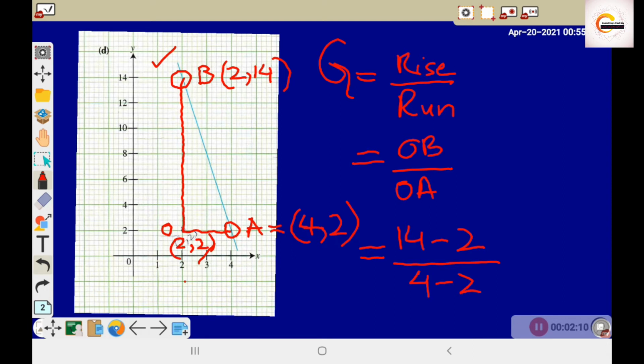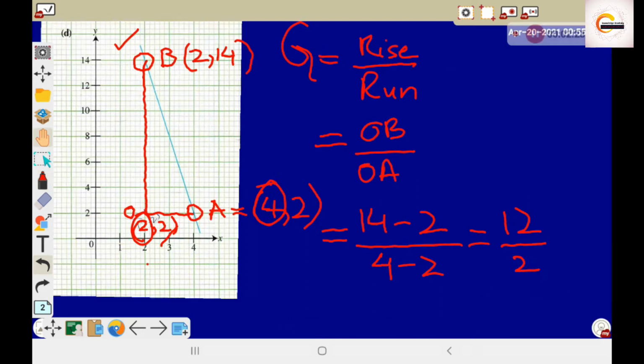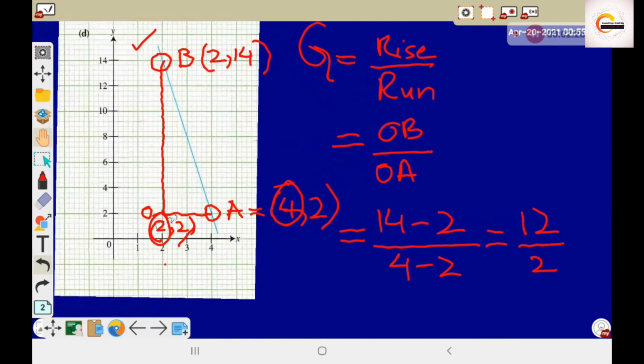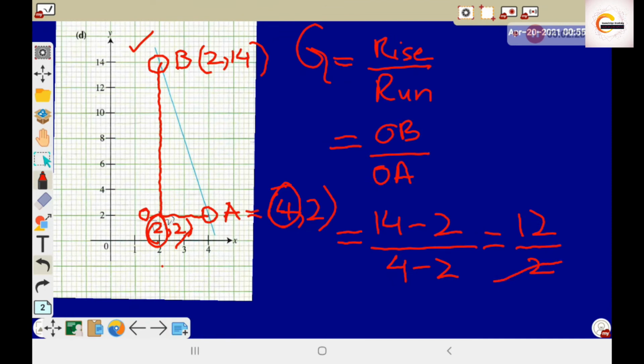So 4 and 2. It's going to be 12 upon 2. After simplification, 2 ones are 2, 2 sixes are 12.